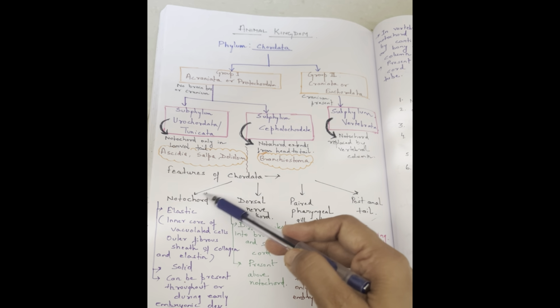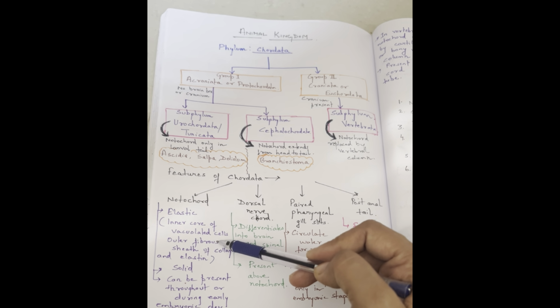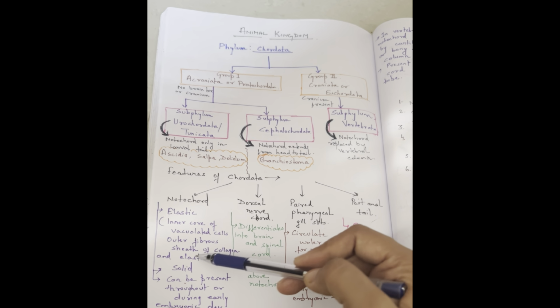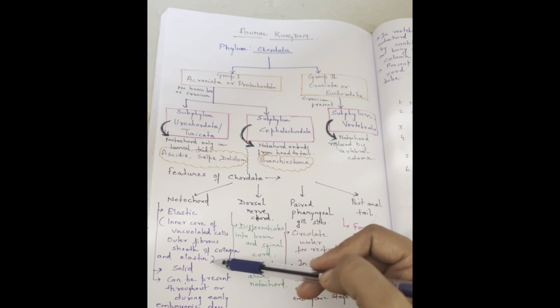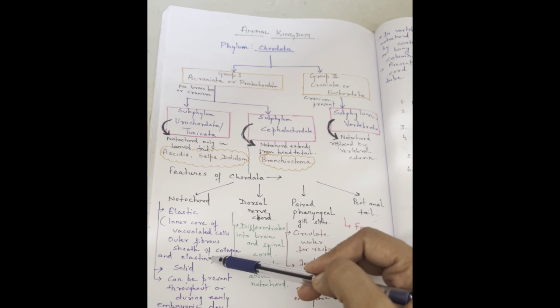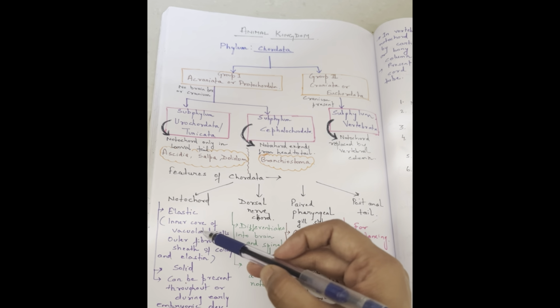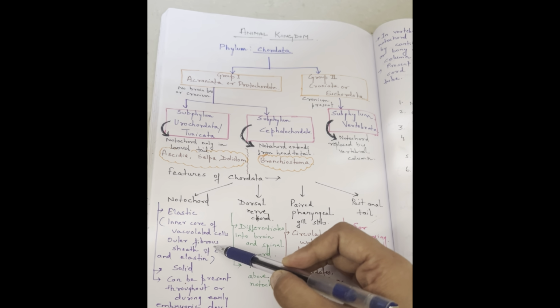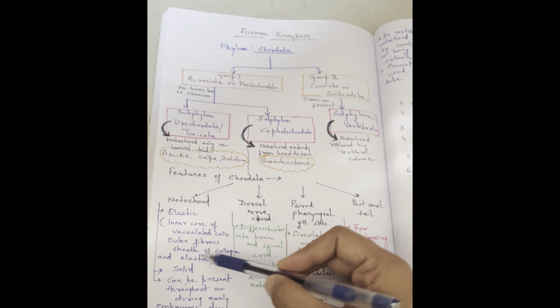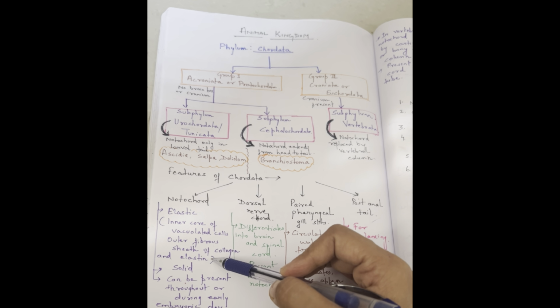Now let's talk about the notochord. It is elastic, with an inner core of vacuolated cells and an outer fibrous sheath of collagen and elastic fibers. This is the exact structure of the notochord, where the inner side contains vacuolated cells, that's why it is a bit flexible, and the outer is the sheath of collagen and elastin fiber to make it a bit softer.